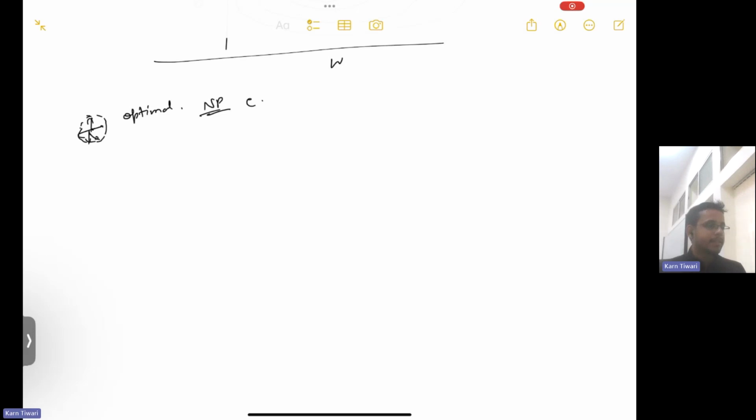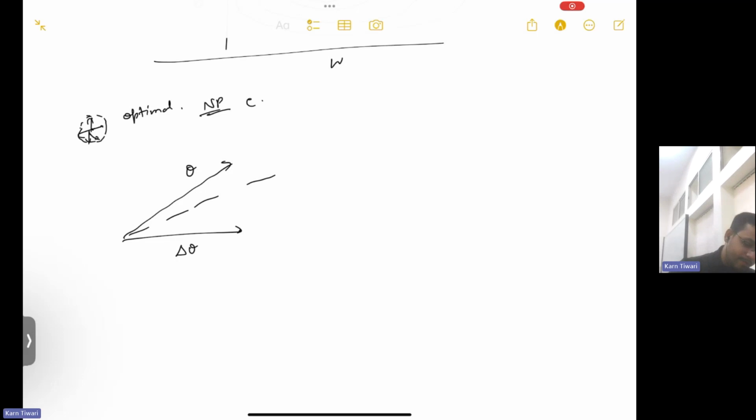So it's like this. We are at a parameter theta and we need to alter it, meaning we need to move a little further. We take a step del theta and update theta plus del theta equals theta prime.